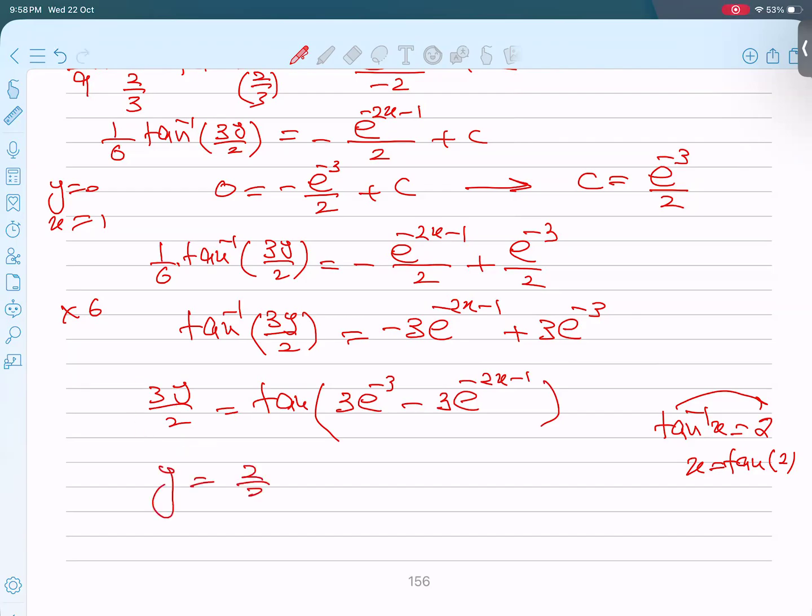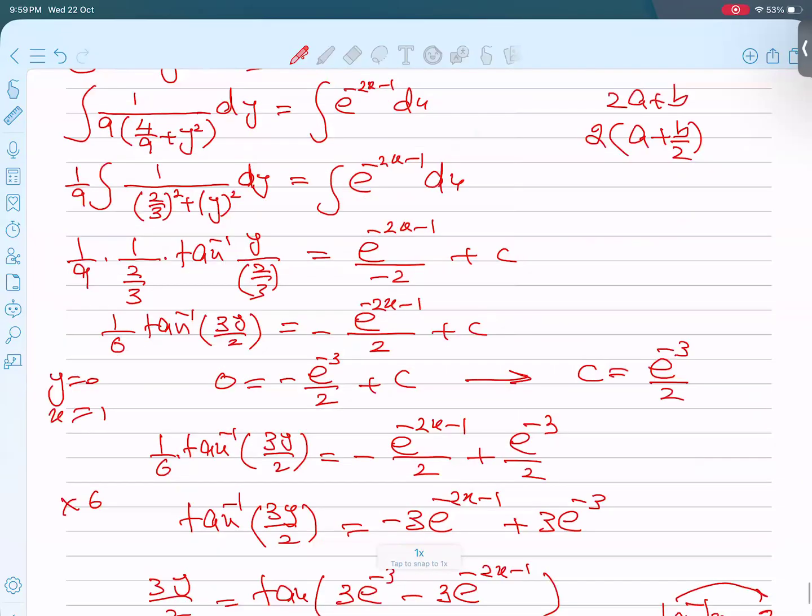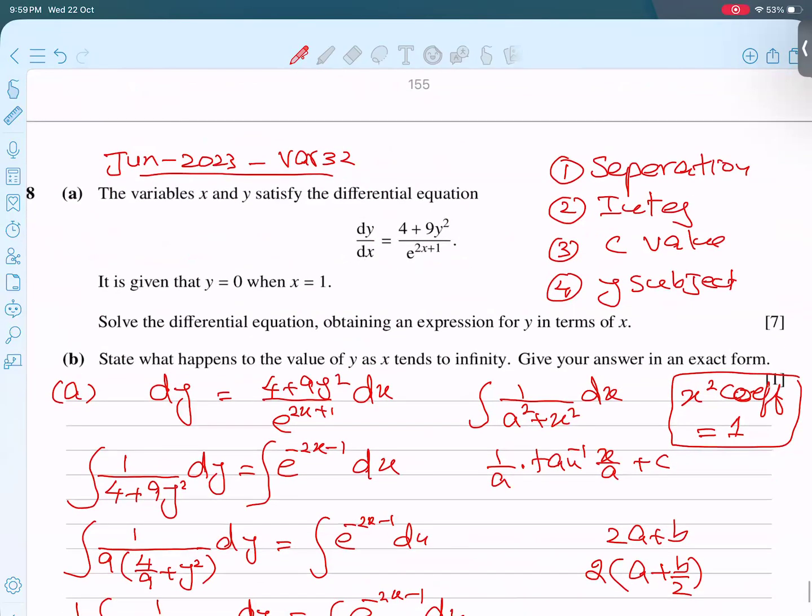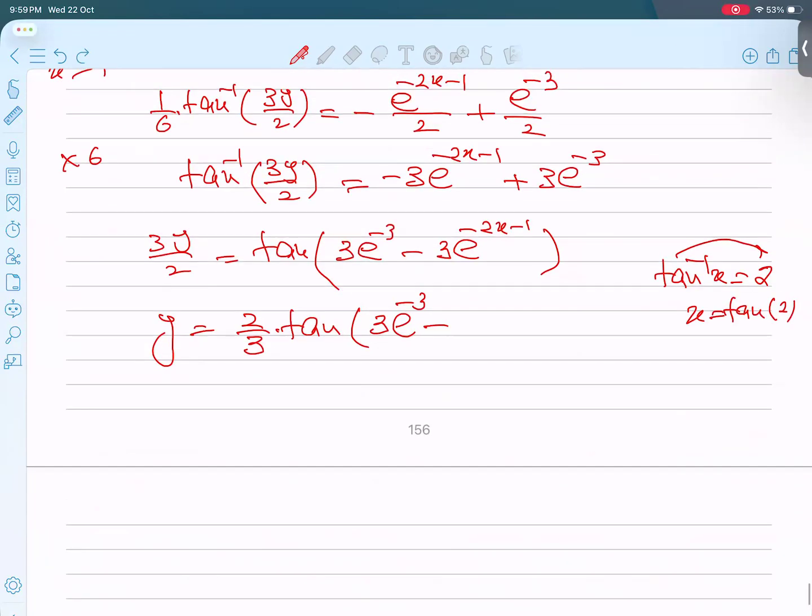So 2 by 3 into tan of 3 e to the power negative 3 and here we can say, because later on we have to talk about the infinity concept, if I bring it into the denominator, there's a better approach. If you don't bring it into the denominator, even no problem.